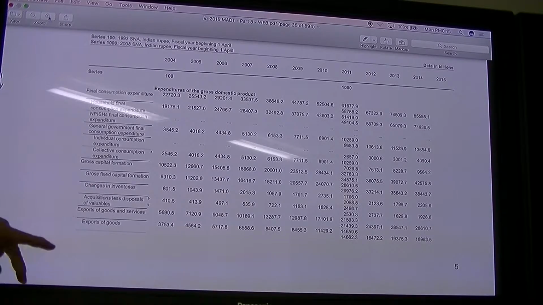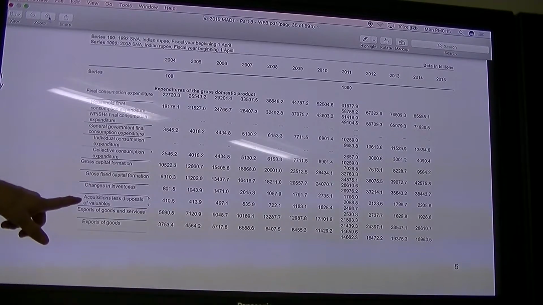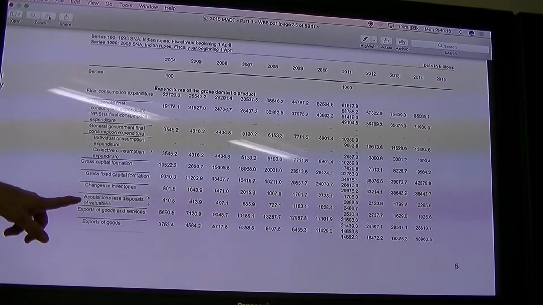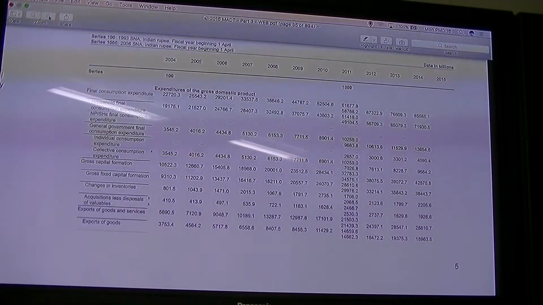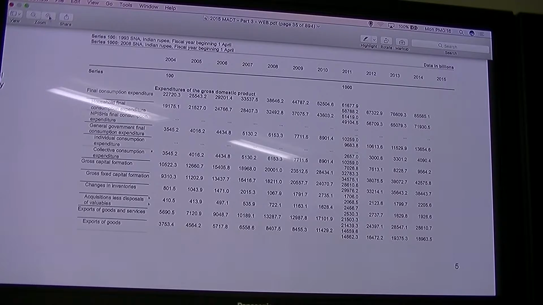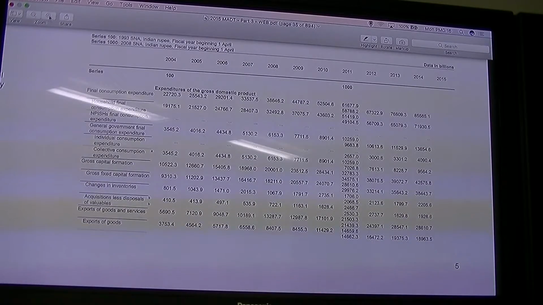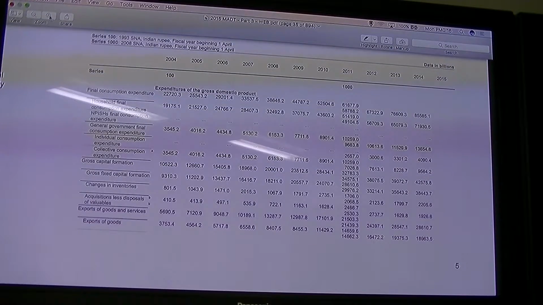Then there's a third line here, and I don't know if you find this in any other country. When I first looked at it, I said, well, what is going on here? It says acquisitions less disposals of valuables. And I thought, what's that? What are they talking about? Well, that's under capital formation.